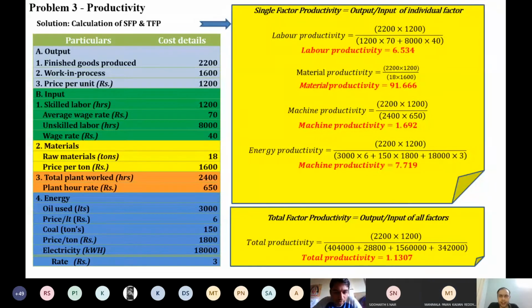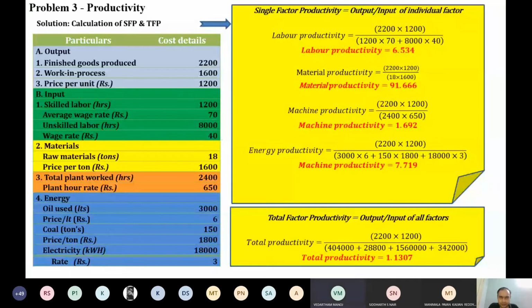Very good. So when I am considering the total output, the calculation should include work in process also. That means it will be 2200 for the completely finished product, where the cost of one product is 1200, plus the number of work in process items, which is 1600, and I told you to consider 50% of the original value. 50% of the original value is 600, so it will be 1600 into 600.